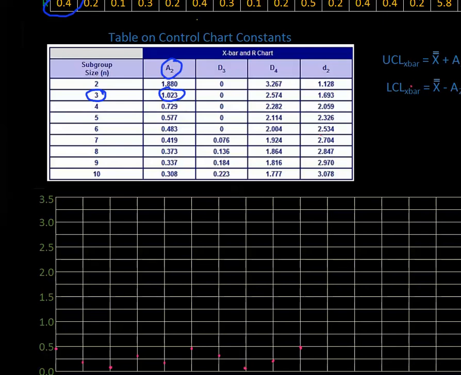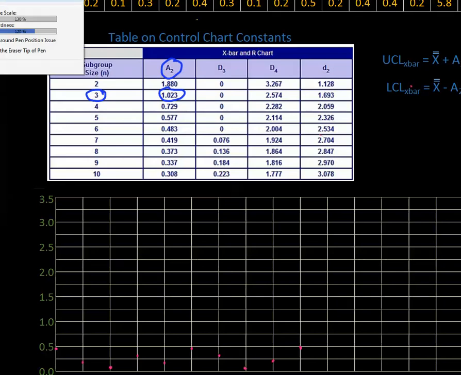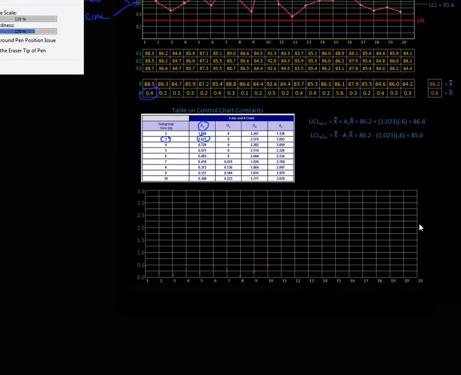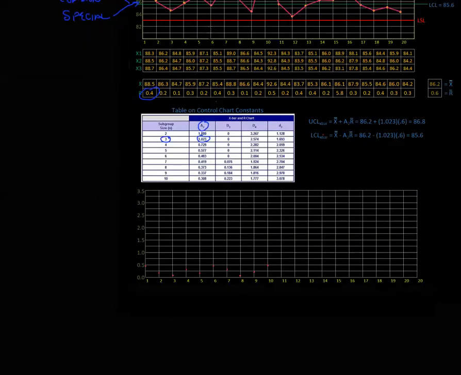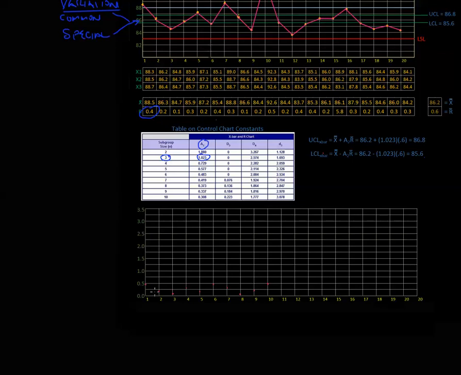And we can continue doing this process. I'm going to zoom back out. We can continue doing this process to determine the control limits. Effectively, we're constructing a run chart of our range values. Just like we did before, we can construct control limits for that as well.